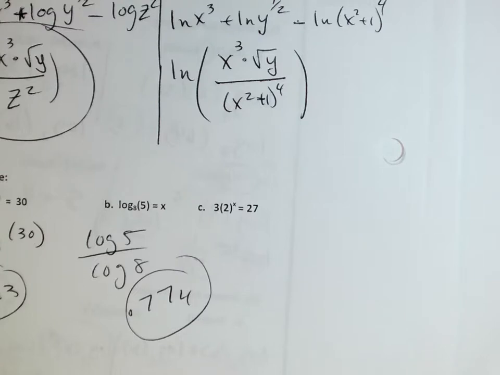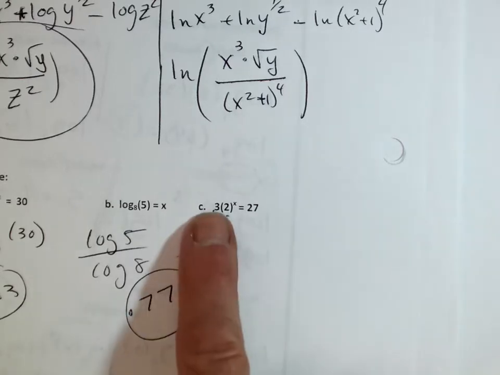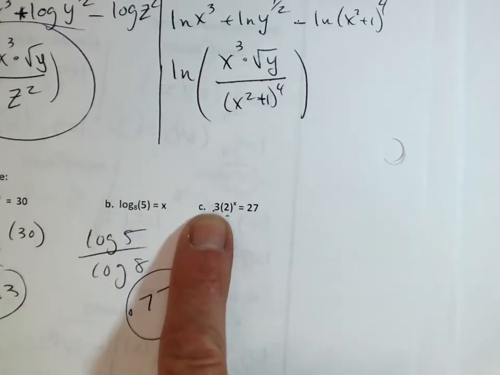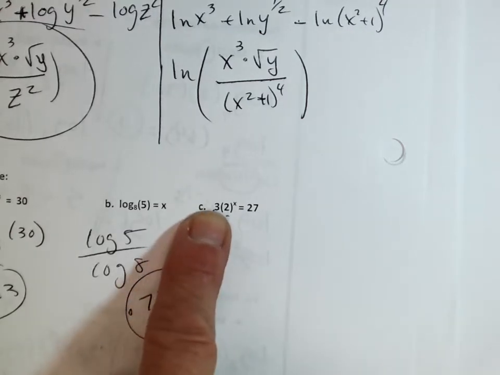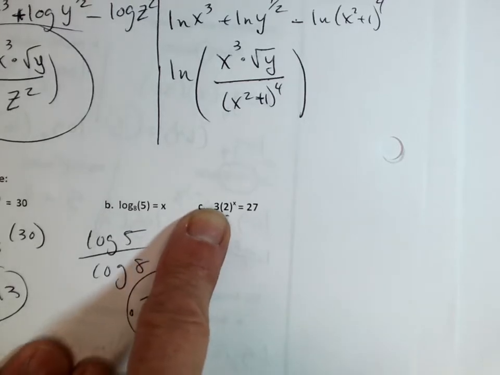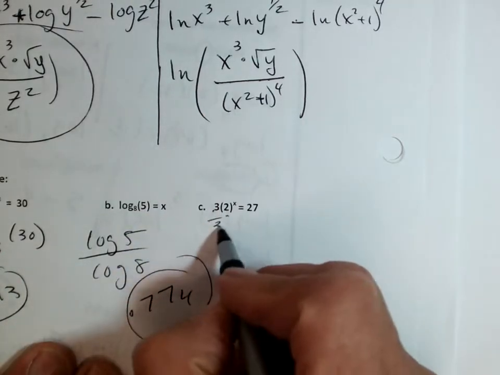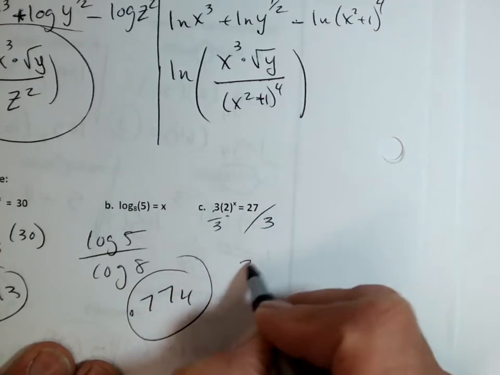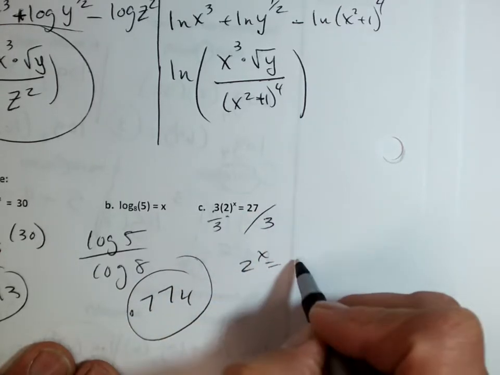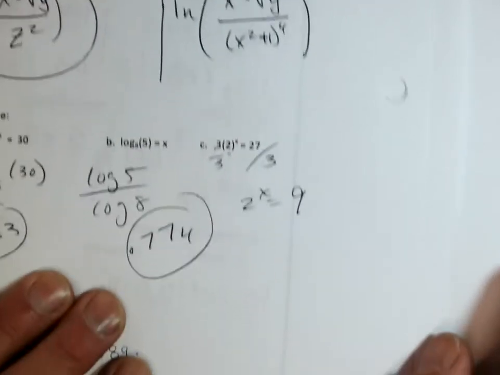Don't multiply. That is not 3 times 2. You cannot do that. Your Aunt Sally's going to be really upset. So what should you do with the 3? Move it to the other side. Yeah, we're going to divide. Let's divide by 3, because Makai was right. 2 to the x equals what? 9. And then what?